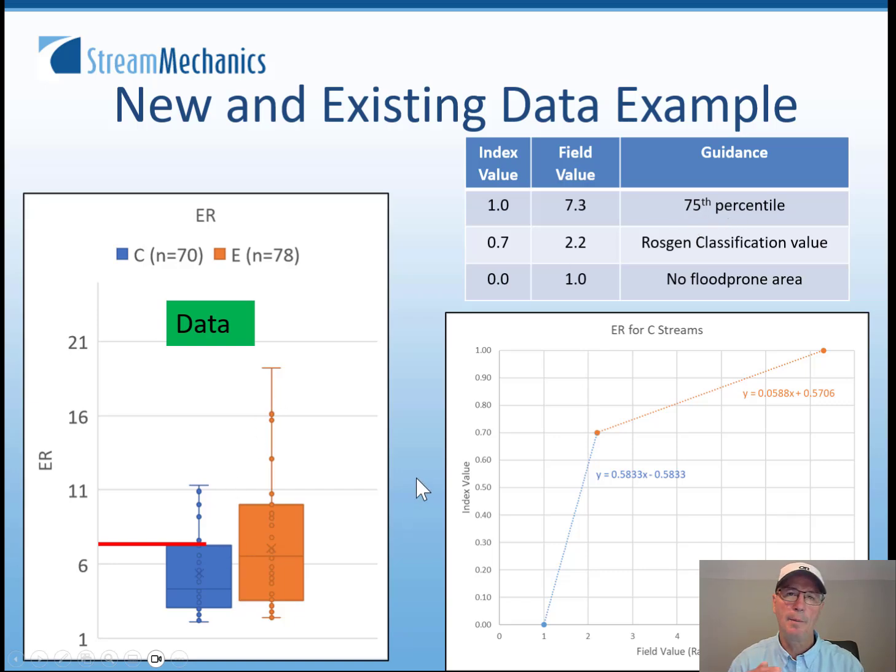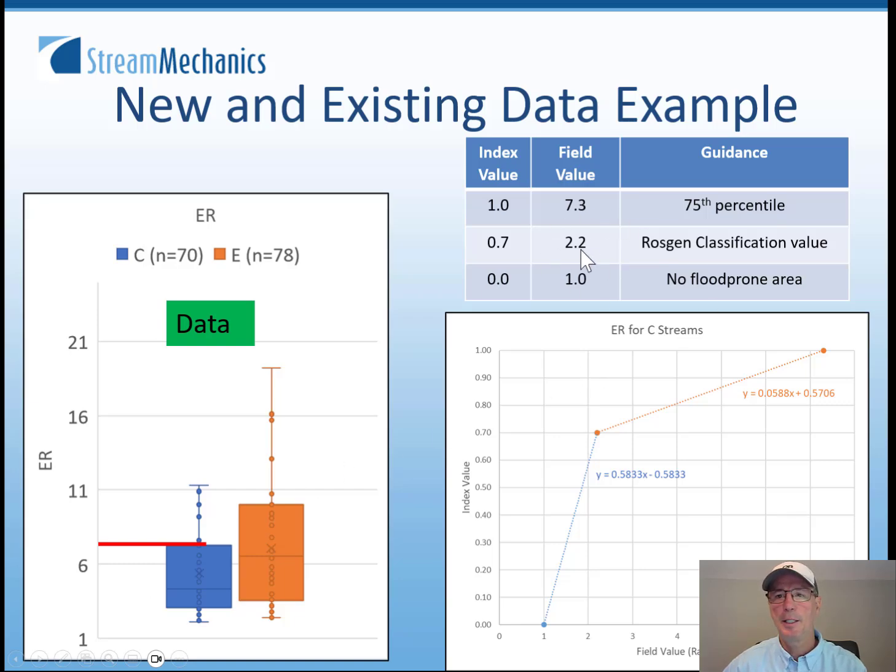That is quite common, by the way. You don't have to do it, but it is pretty common that if you have a technical team and a data set that you know came from reference condition, setting the 1.0 as the 75th percentile is pretty common. Sometimes, actually often, people will then set the 25th percentile as the 0.7. Here it looks like that might be 2.5 or 3.